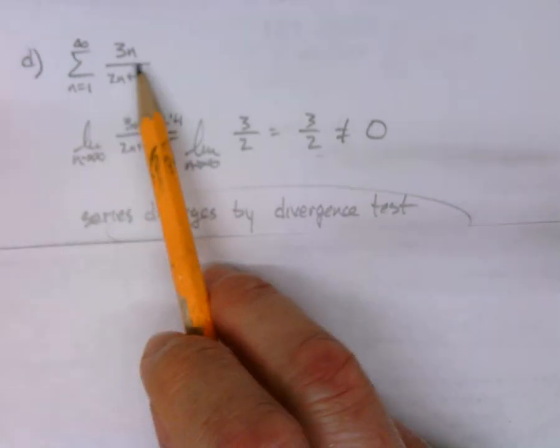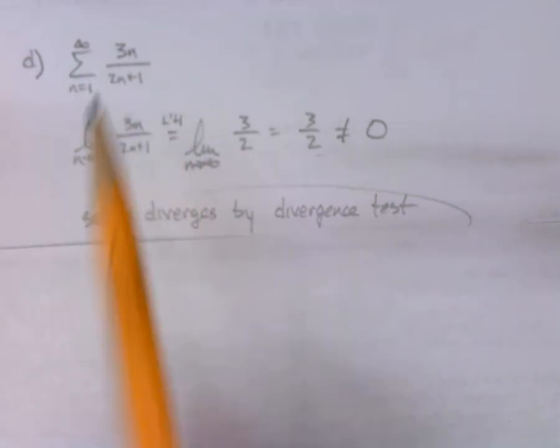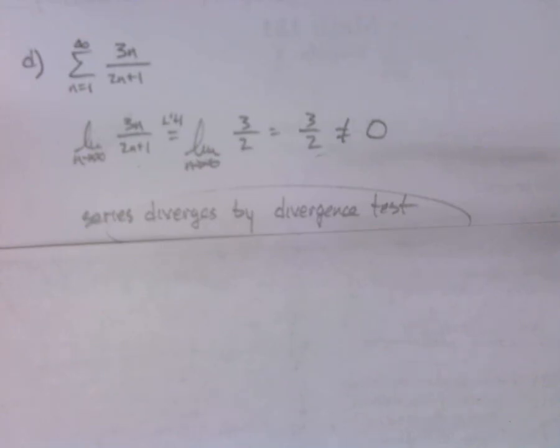As n gets bigger, the terms in the sequence get larger. So we're always adding something bigger and bigger. It's going to add up to infinity. It diverges by the divergence test. And what a quick, easy way to check. That's pretty cool.